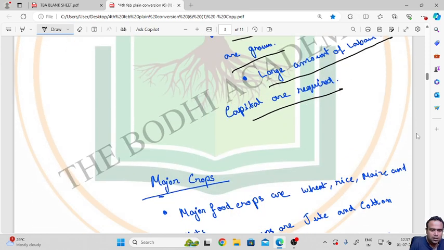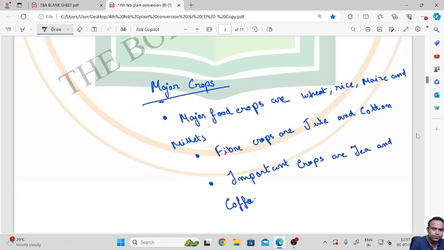Next, we will cover major crops. We have divided them into three parts: food crops, fiber crops, and important crops.